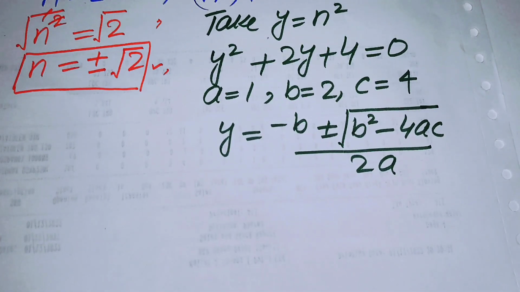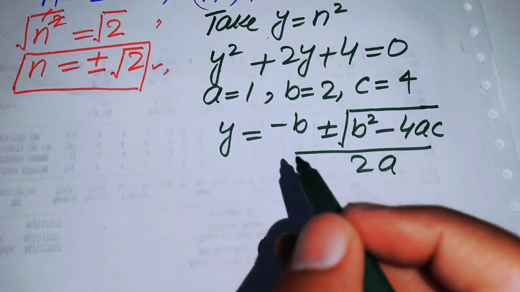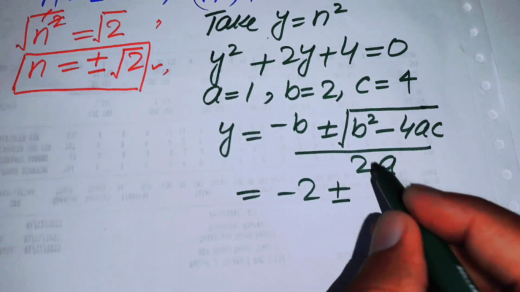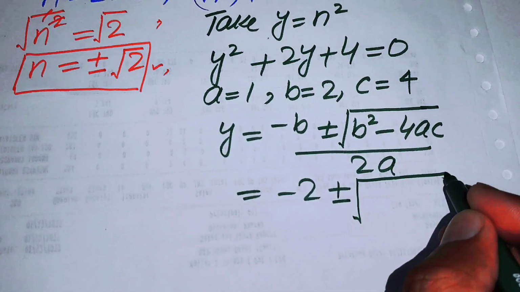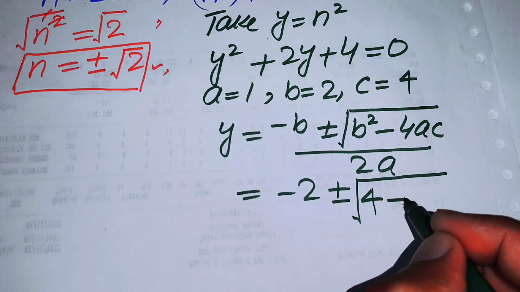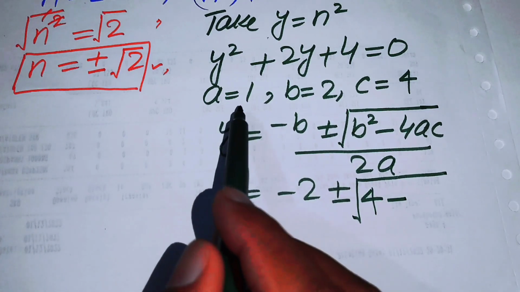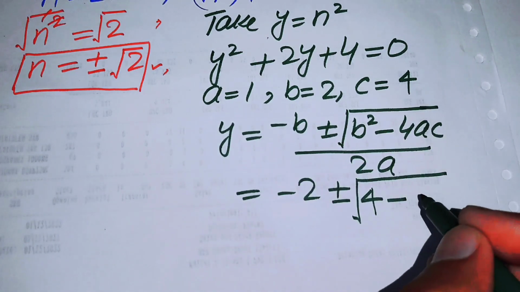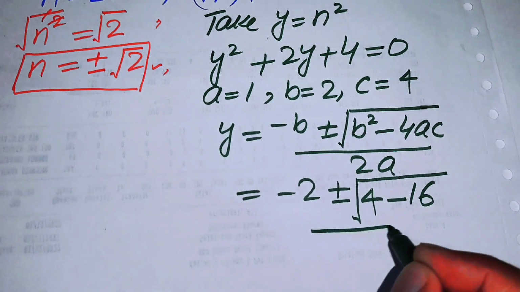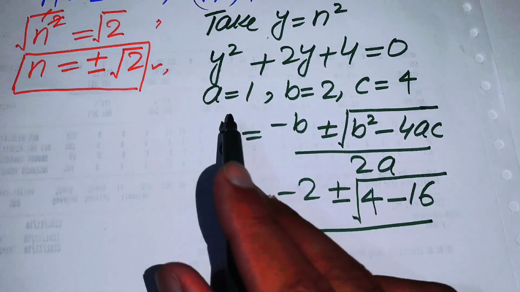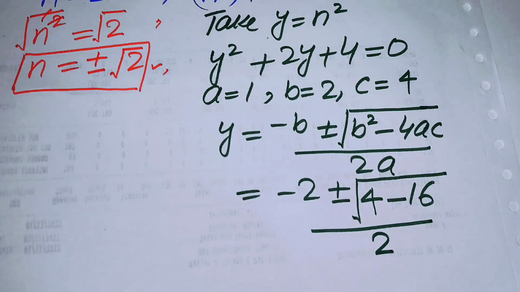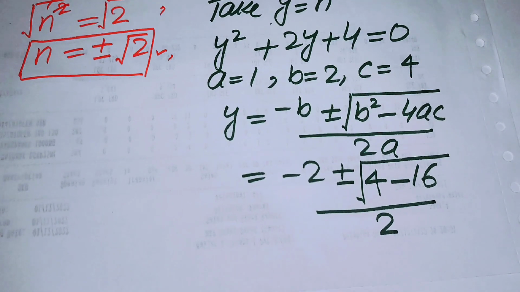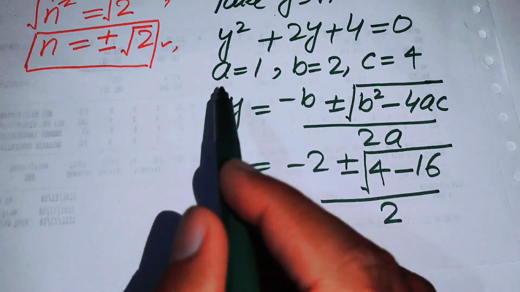And now we can put all the values of a, b and c in this formula, and you will get minus 2 plus minus square root of 2 squared, and 2 squared is equal to 4, minus 4 times ac, and the value of a is 1 and value of c is 4, so 4 times 4 is equal to 16, over 2 times a, and the value of a is 1, so 2 times 1 is equal to 2. And now in the next step we can just simplify the terms here.